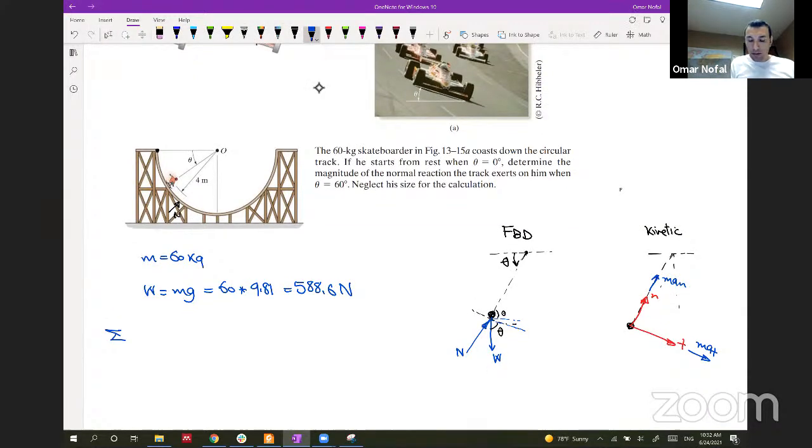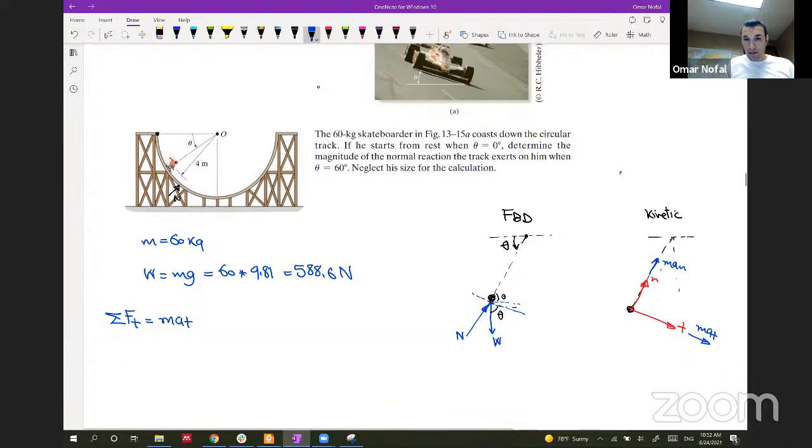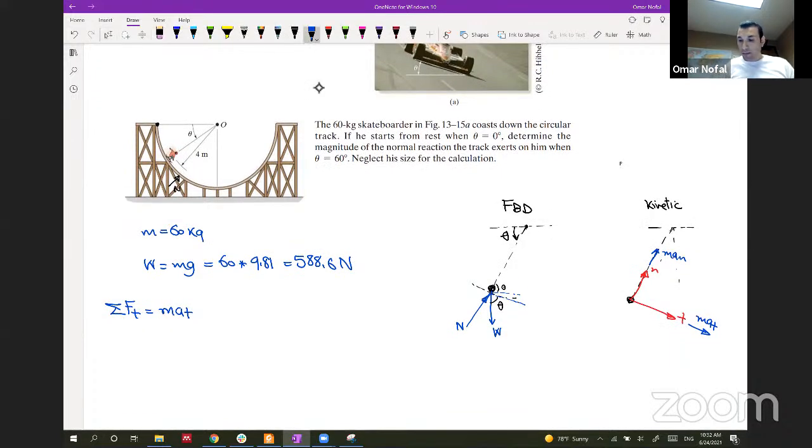So let's solve in the tangential direction. The summation of F tangent will be equal to m a tangent. In the tangent direction, the normal of the surface is in the direction of n, and we will have the component of W in the positive direction.